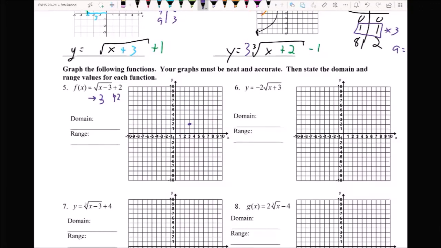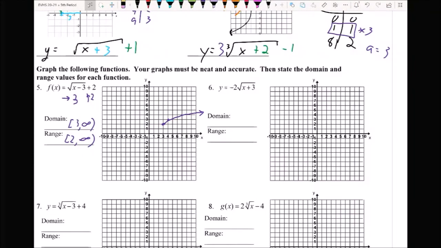And there is no A value, so it's going to have the point 1, 1, and then 2 square root, so 4, 2, 1, 2, 3, 4, up 2. There we go. There's the top half of my parabola. Now for domain and range, the domain is going to start at 3 and go on to infinity. The range is going to start at 2 and go on to infinity. Remember, for domain and range, we're looking at left and right, and then top and bottom.